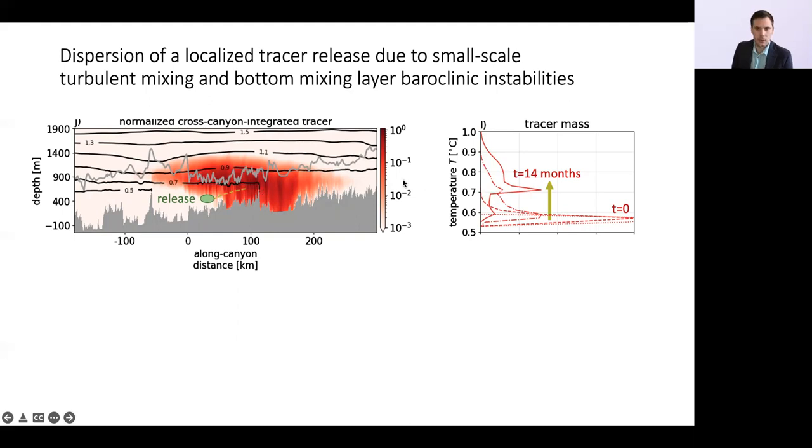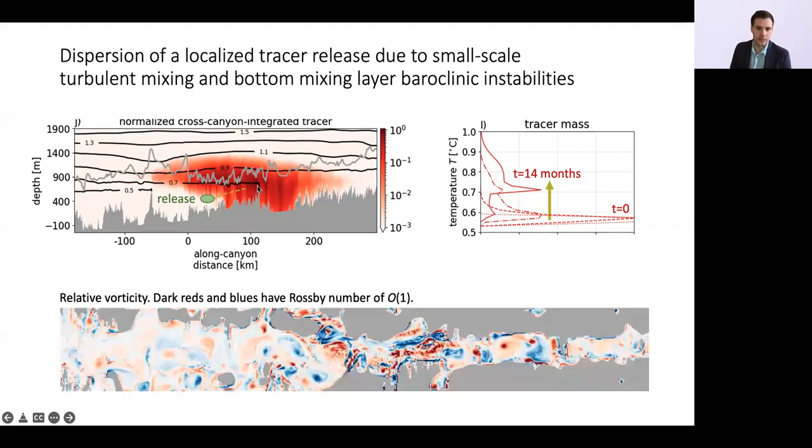To see that a bit more clearly, you can integrate along these temperature surfaces, and you can see that at the initial release, the dotted lines here show a very constrained release point. And then over a 14-month period, the tracer is on average upwelling, and then it also seems to sort of spread on average in temperature space as we would expect for a diffusive process.